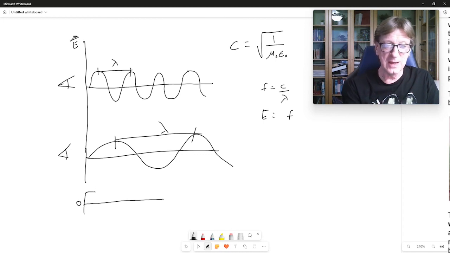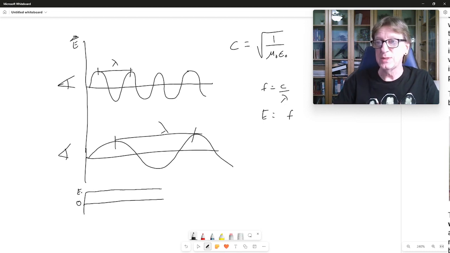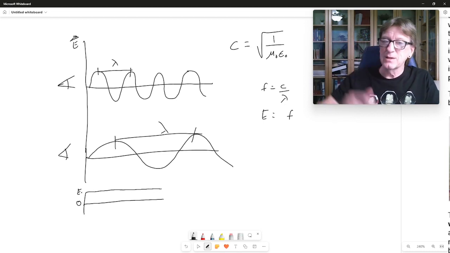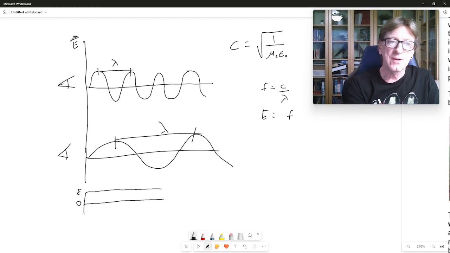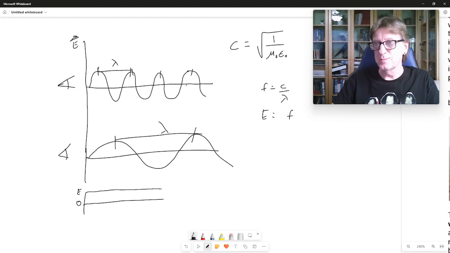On the other hand, if I had one that was up here, so maybe this was my energy, and again, here I'm using E to be the energy, then okay, now I've got a lot of energy. So you could think about the more of these peaks, which contain the maximum energy that hit my eye, the more energy is going to be contained in that wave. And so it's going to have to be directly proportional to the frequency.